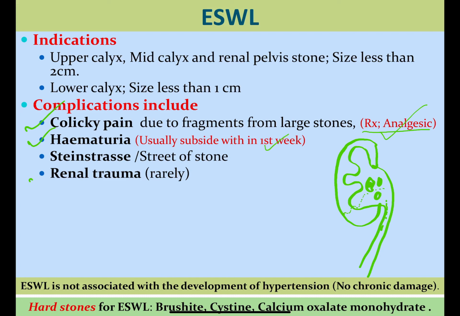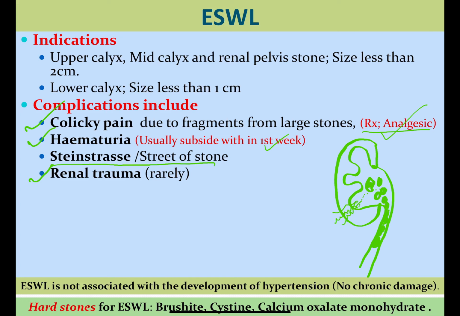Renal trauma: when a shockwave passes, it can cause minor renal trauma, which is okay, no problem. A very interesting one is steinstrasse, or street of stone. That means whenever the stone tries to pass down, sometimes the larger stone may get obstructed and other smaller stones will follow the path.